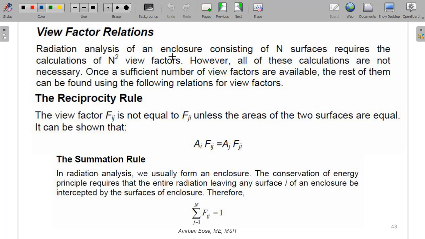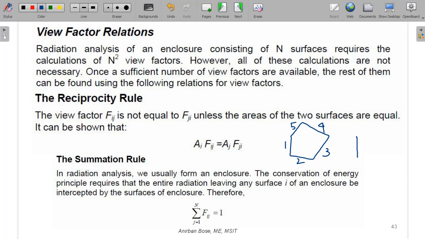The enclosure strategy is that every surface or set of surfaces can be considered as an enclosure with some additional surfaces. Let us consider this is an enclosure, that means enclosed. So how many surfaces are there? 1, 2, 3, 4, 5. So it's a 5 surface enclosure.